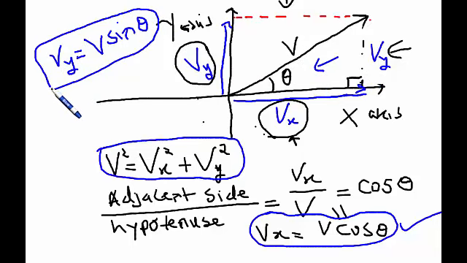So this will give you the vertical component, and this will give you the horizontal component. For all vectors, we are going to evaluate all the vertical components and add them together, and get all the horizontal components and add them together. Then when we have the horizontal and vertical components, the original vector can be obtained from this relation.